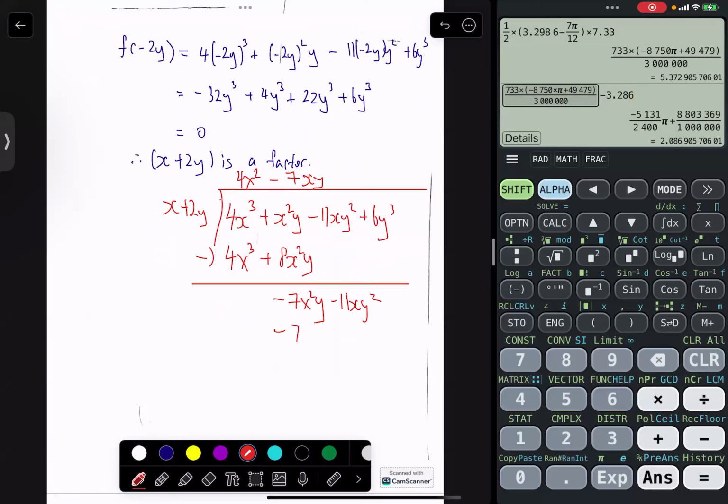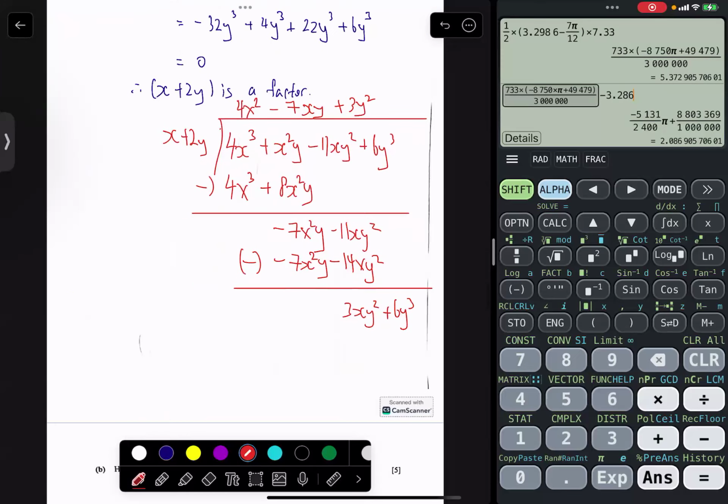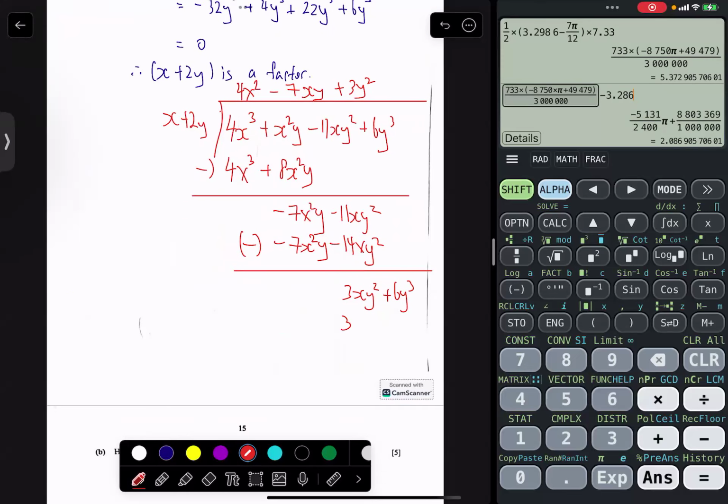So minus 7x squared y minus 14xy squared. So we'll have 3xy squared plus 6y cubed, then here would be plus 3y squared, so 3xy squared plus 6y cubed minus equals 0.